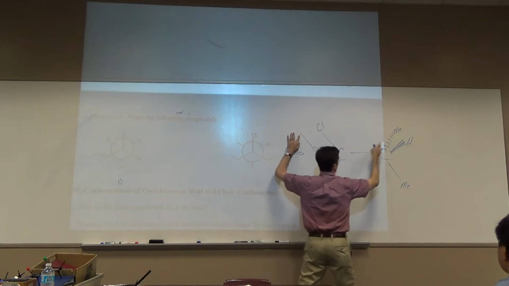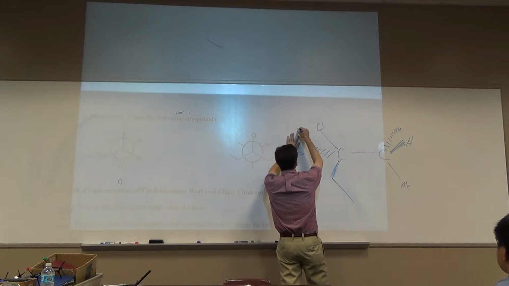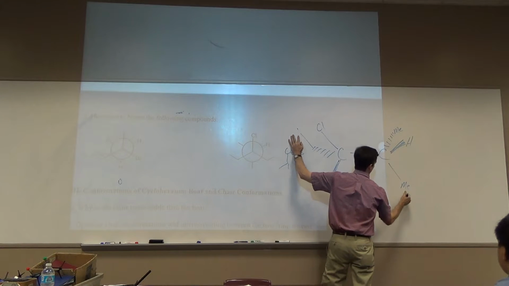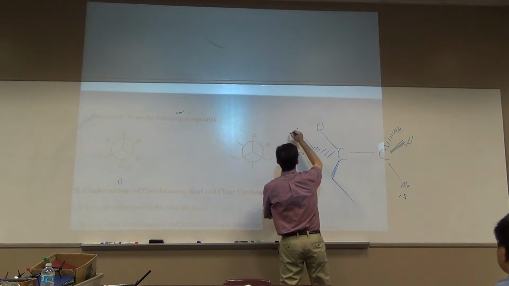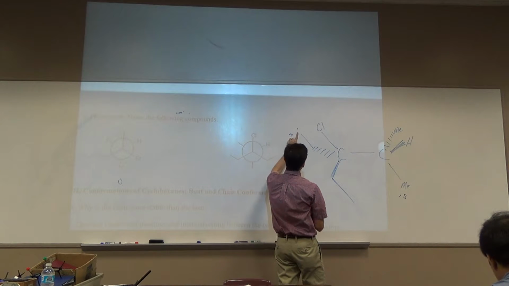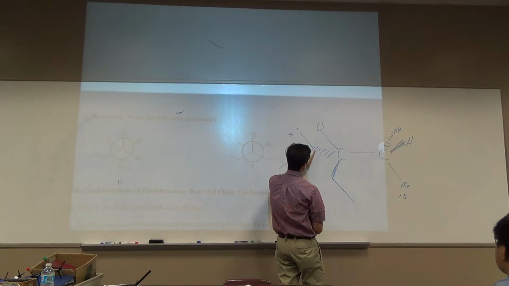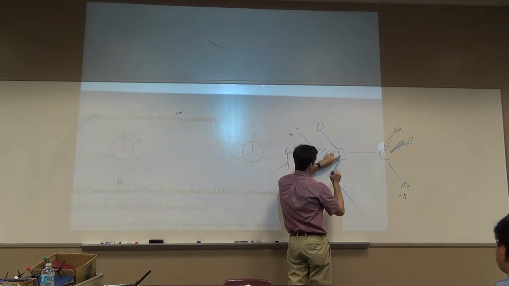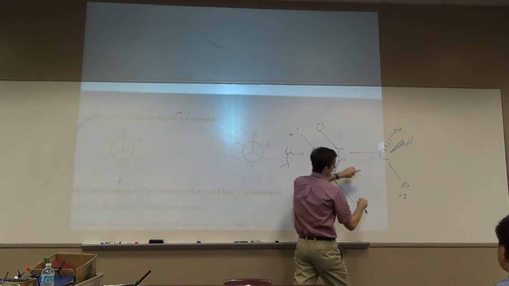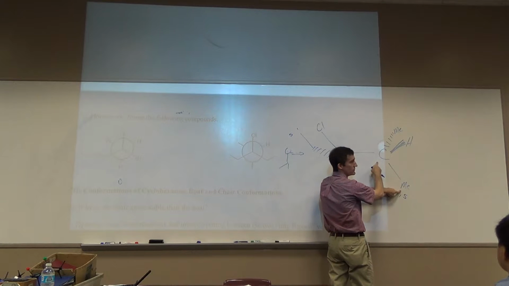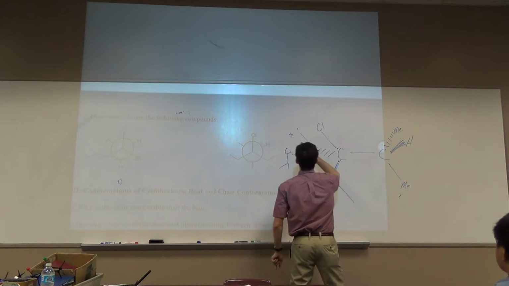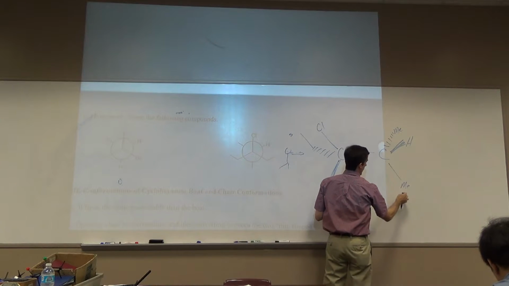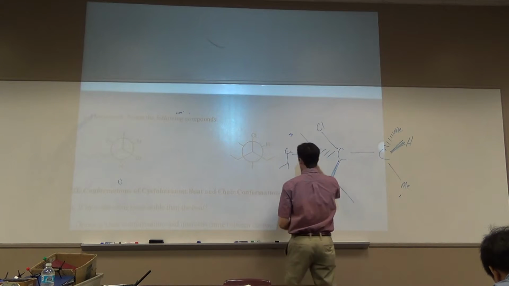Doesn't matter which methyl you use, it's the same. If this is 1, the first substituent is at the 3. That's not going to work. If this is 1, the first substituent is at the 2. This is 1. 1, 2, 3, 4, 5 is pentane.